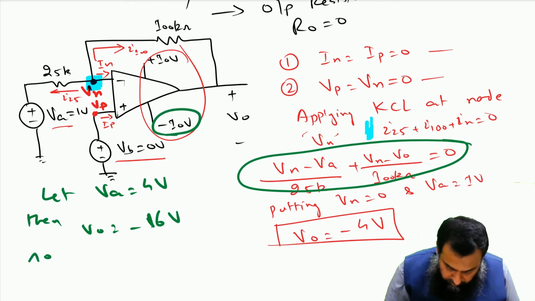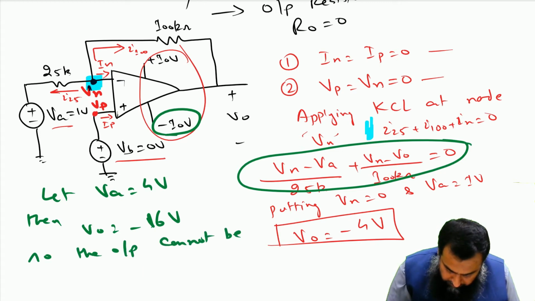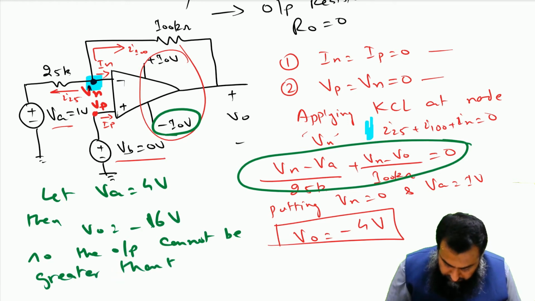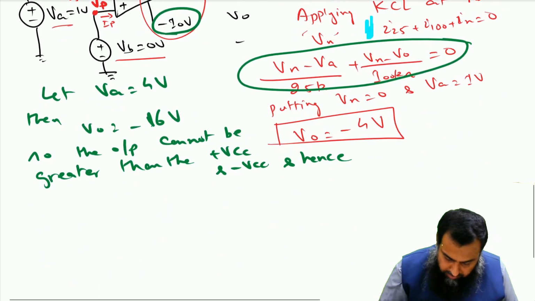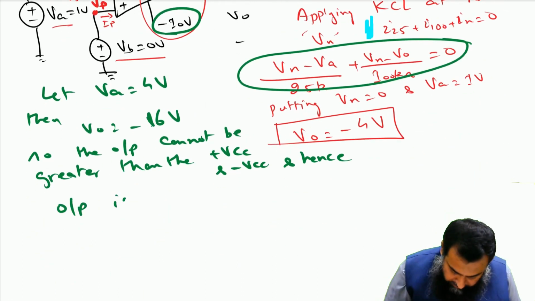So the output cannot be greater than the plus VCC and minus VCC, and hence the output is equal to minus 10 volt.